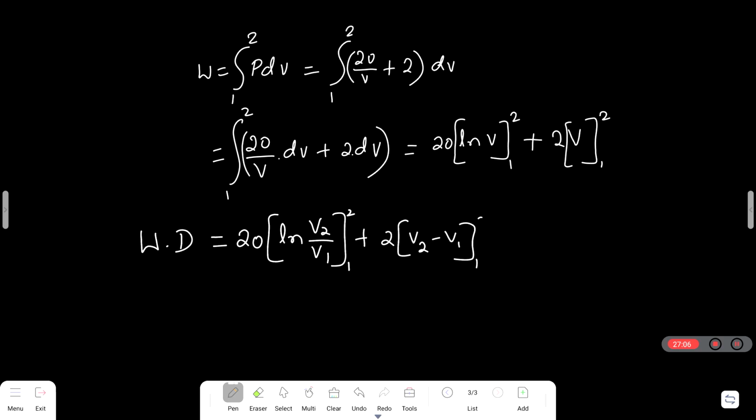So 20 ln of 2 by 5, V2 is 2 meter cube and V1 is 5 meter cube, plus 2 times V2 minus V1.